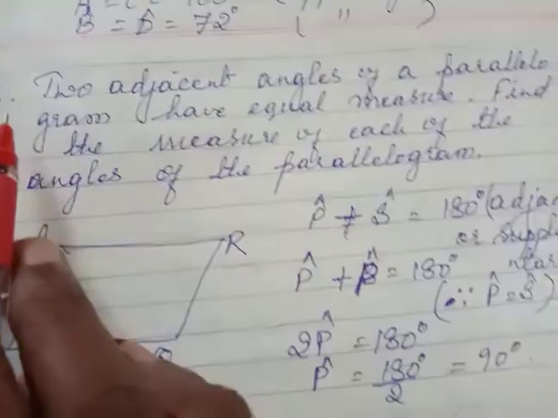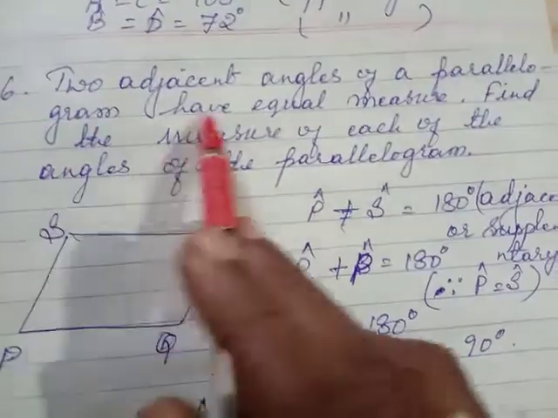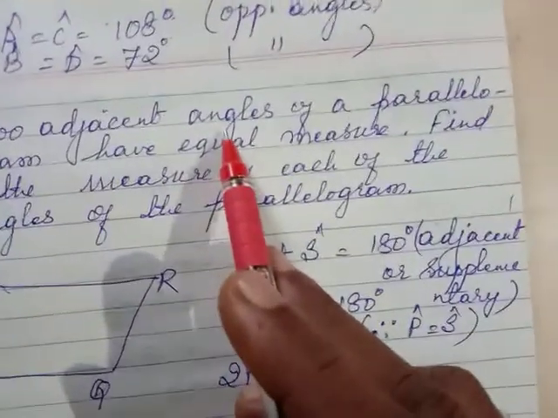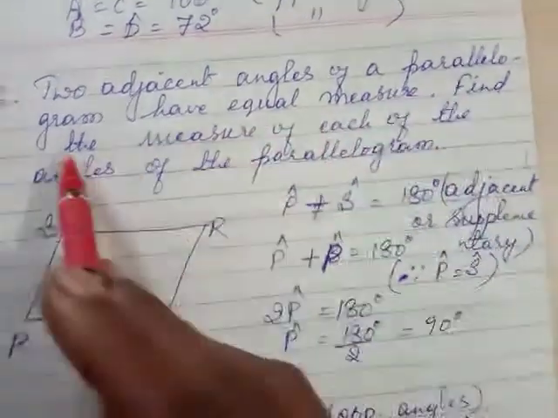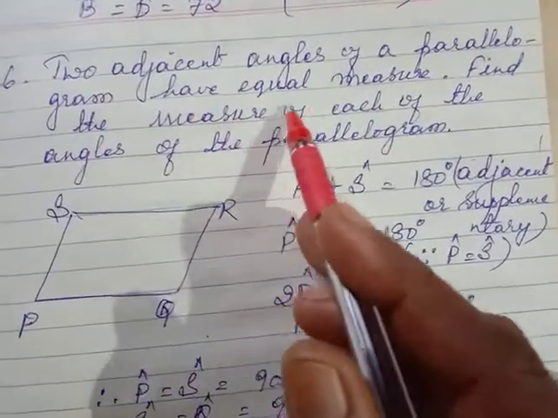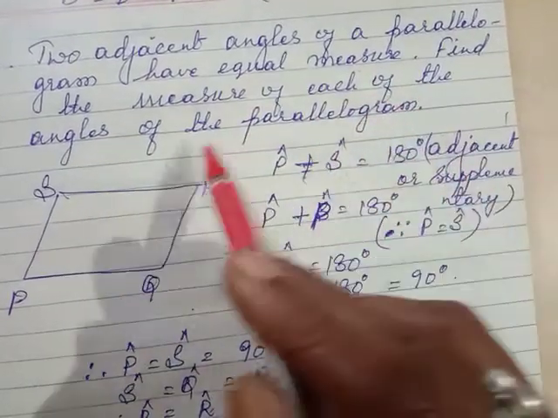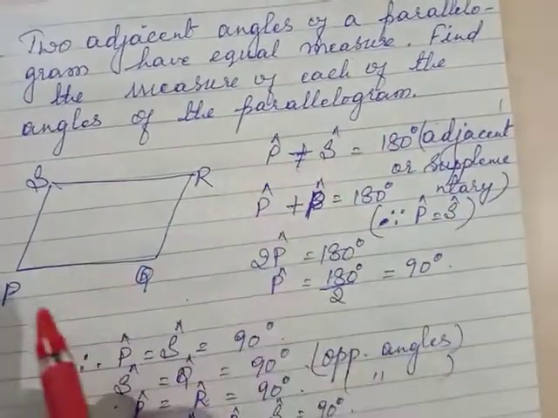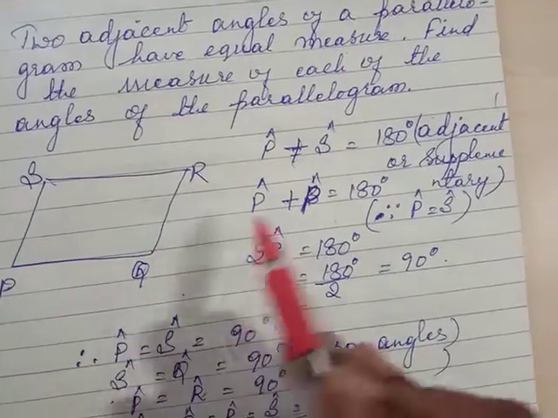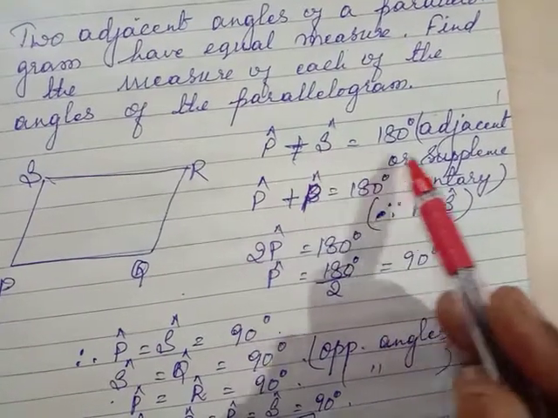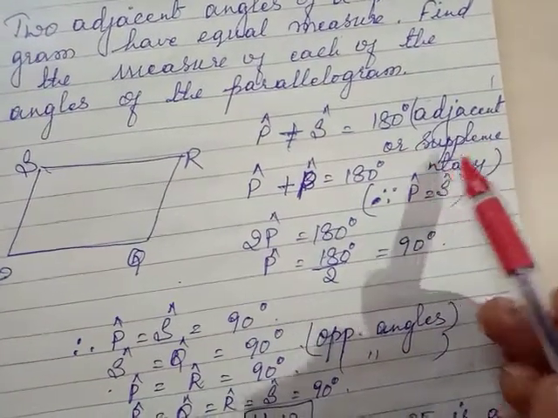Now next, the sixth one. Two adjacent angles of a parallelogram have equal measure. Find the measure of each of the angles of the parallelogram. So PQRS is a parallelogram. Angle P plus angle S is equal to 180, since adjacent angles are supplementary.